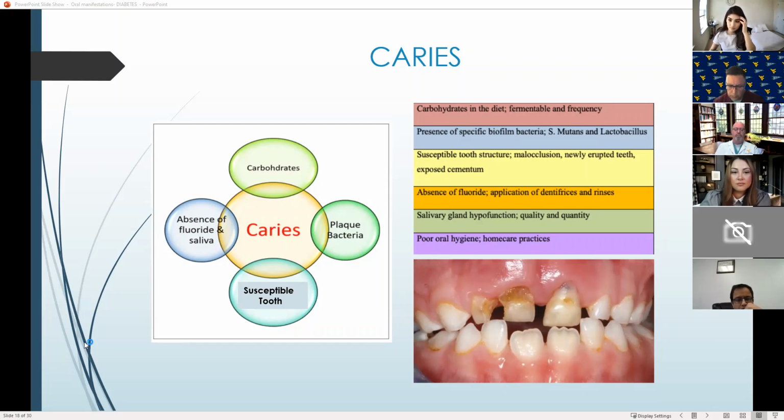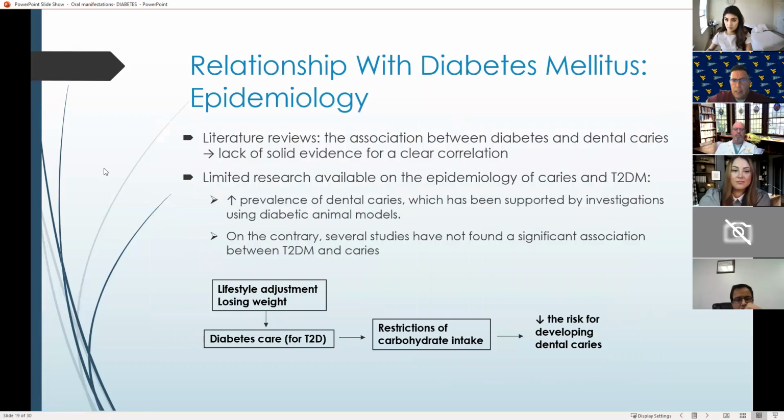Regarding the epidemiology of this condition in patients with diabetes, several literature reviews that discuss the association between diabetes and dental caries point to the lack of solid evidence for a clear correlation. There's limited research available on the epidemiology of caries and type 2 diabetes.